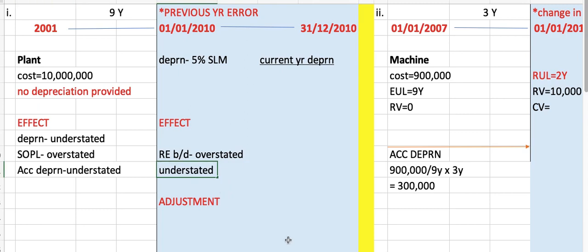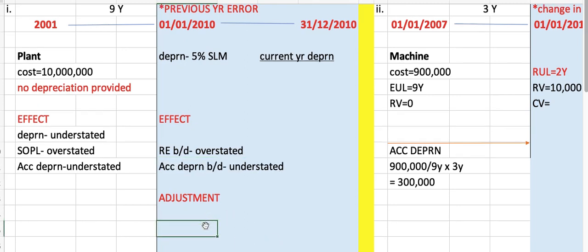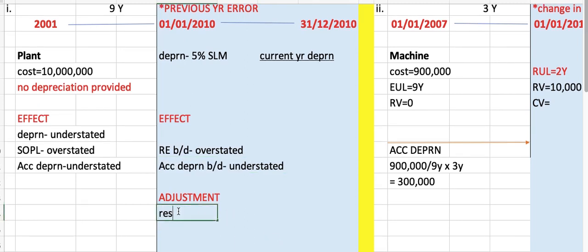So the adjustment would be: the retained earnings are overstated, so you need to reduce the retained earnings, and the accumulated depreciation is understated, so you need to add to the accumulated depreciation.